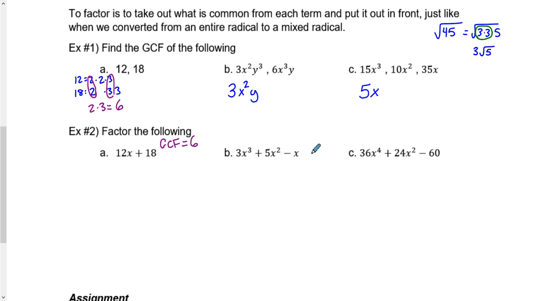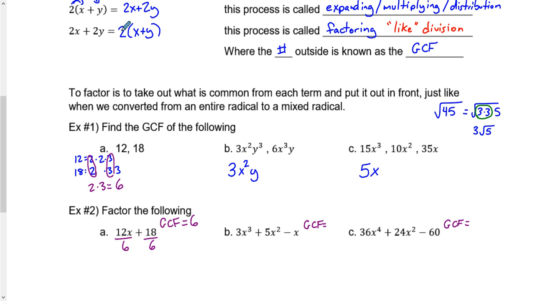I'm just going to write GCF. So if our greatest common factor is 6, we're going to divide, in quotation marks, each of our terms by 6.